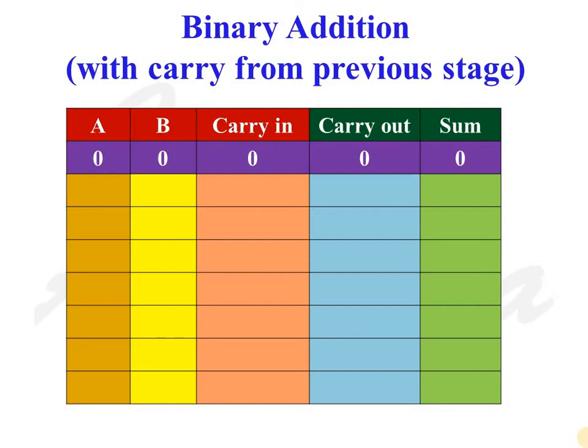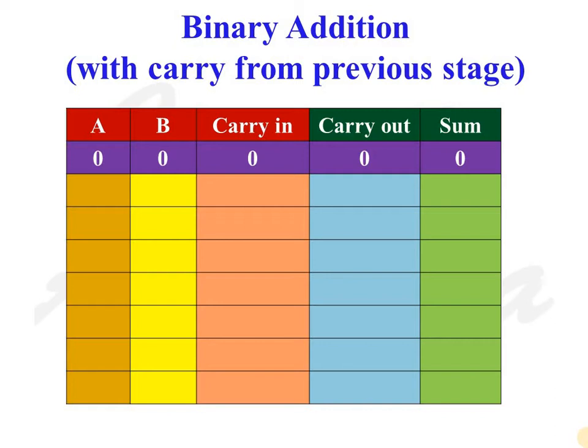Now let us discuss the addition operation which involves carry from the previous stage. So here inputs are A, B and carry in, outputs are carry out and sum. So now let us describe the truth table of this operation.